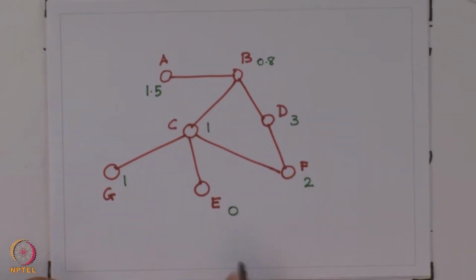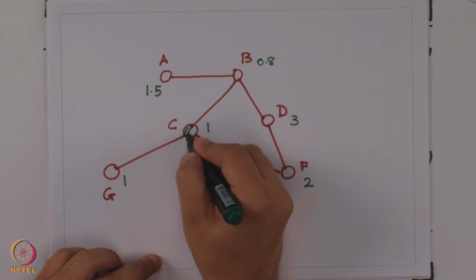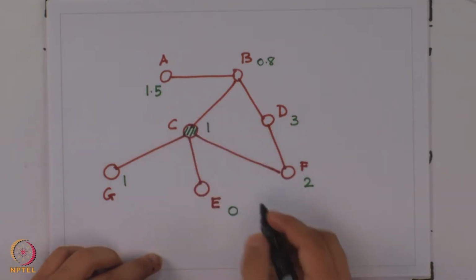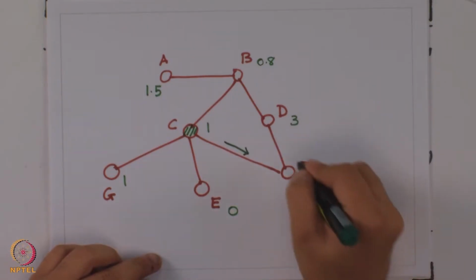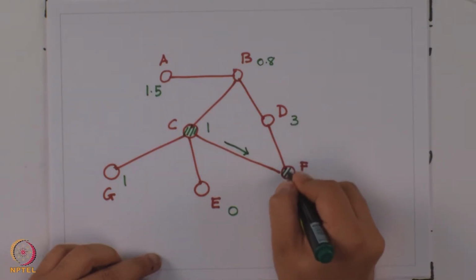So what we realized is that if our starting population is at node C, then the population is going to move towards node F first.